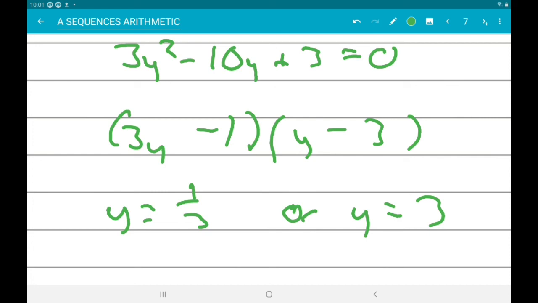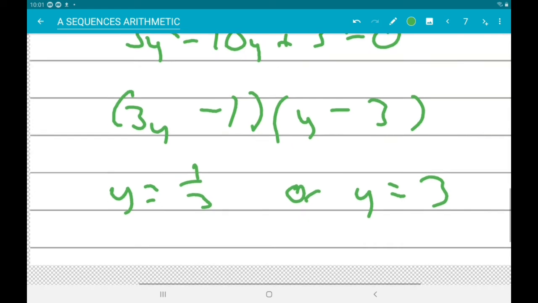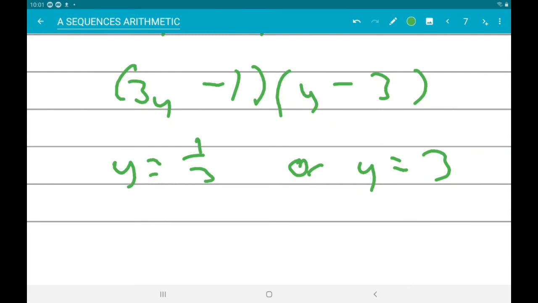Now remember, y is e to the b, so e to the b is 1/3, or 3.